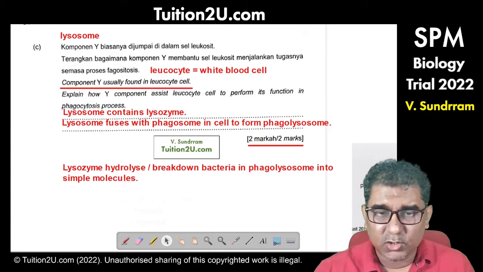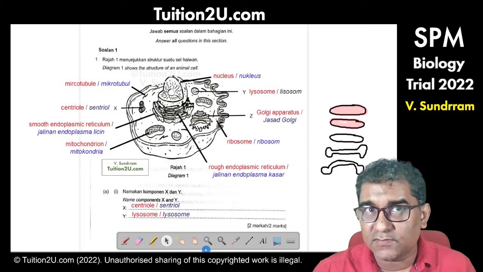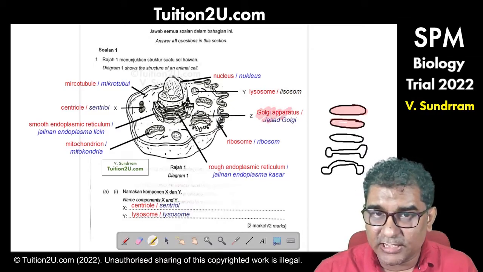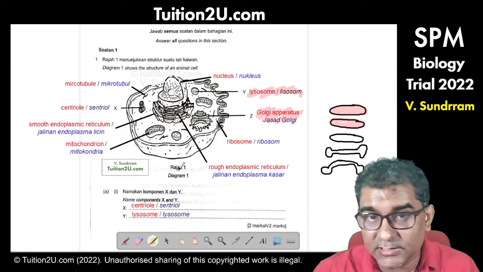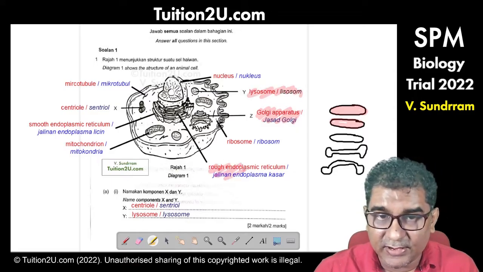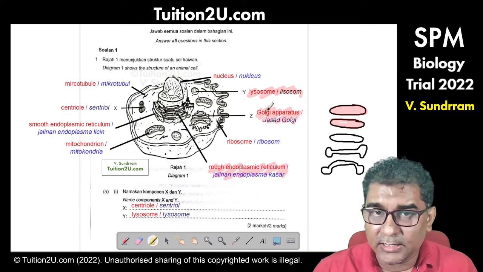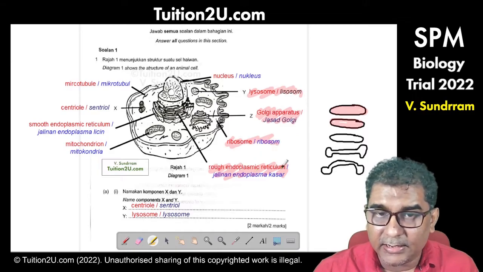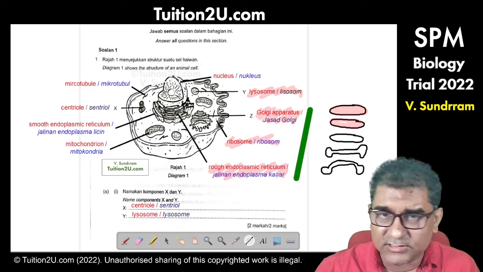So this is question 1. Question 1 is about components of the cell. The famous components of the cell are Golgi apparatus, lysosome, and rough endoplasmic reticulum. Actually, Golgi apparatus, ribosome, and rough endoplasmic reticulum, these 3 always come together, most of the time.